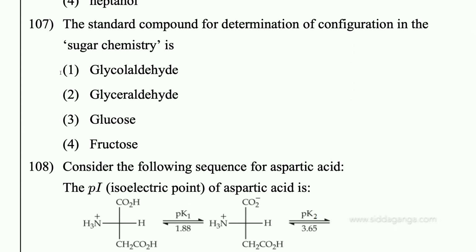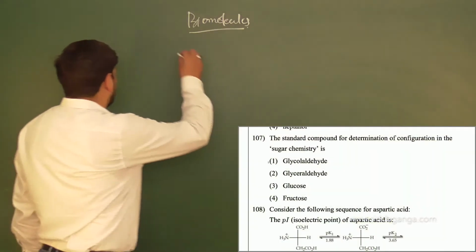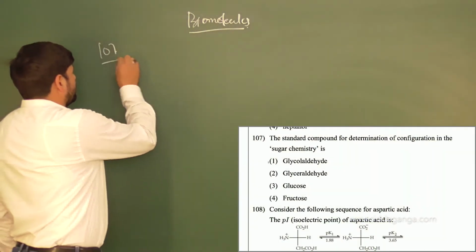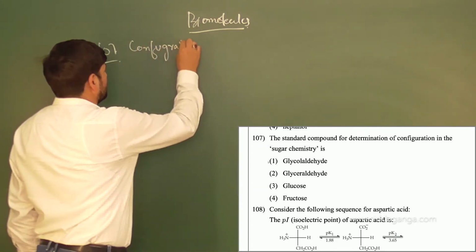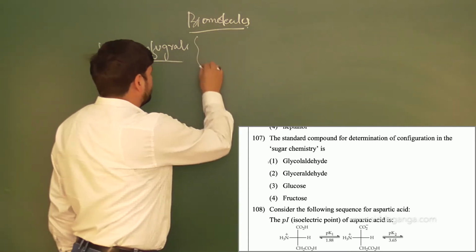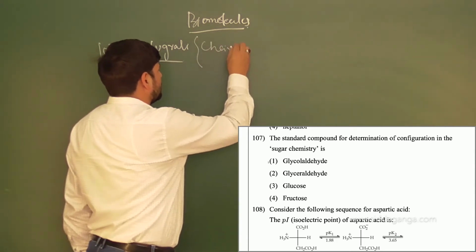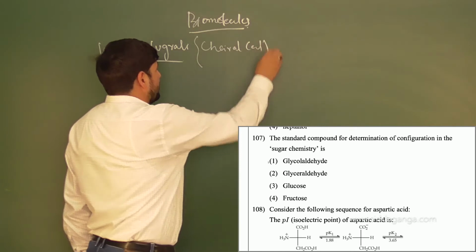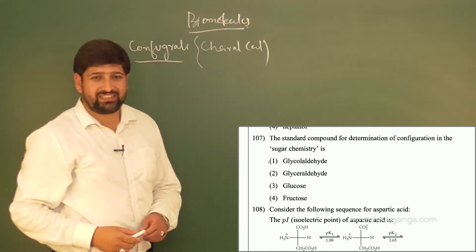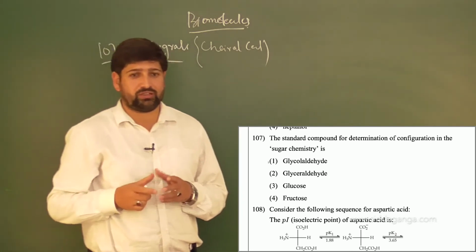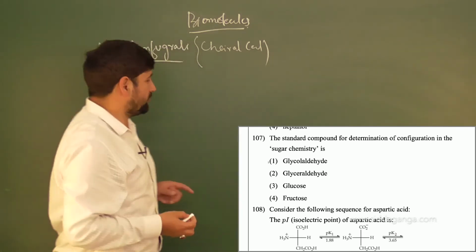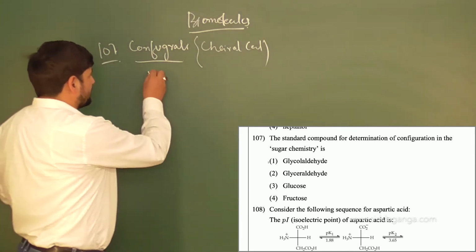Next question. Question number 107. The standard compound for determination of configuration in sugar chemistry is very simple. When you talk about configuration, children, it is with respect to a particular chiral center. And we know for deciding D and L isomers in carbohydrate chemistry, the reference compound used is glyceraldehyde.